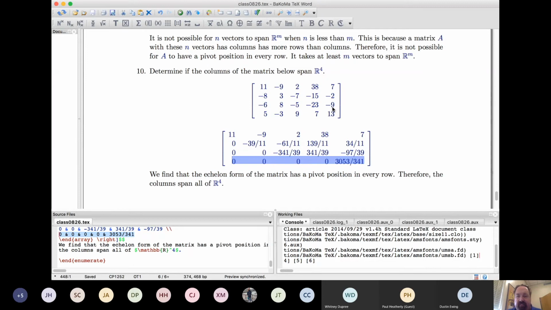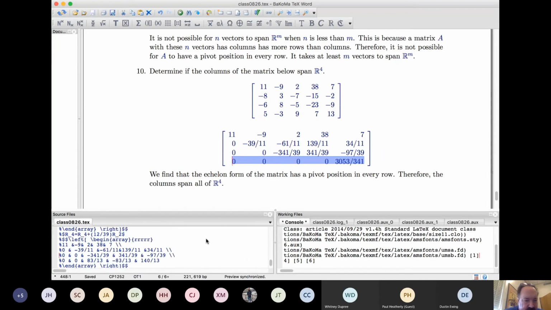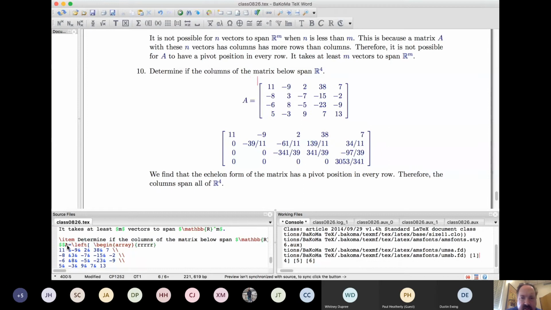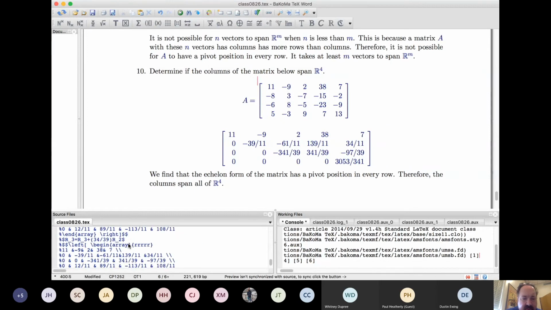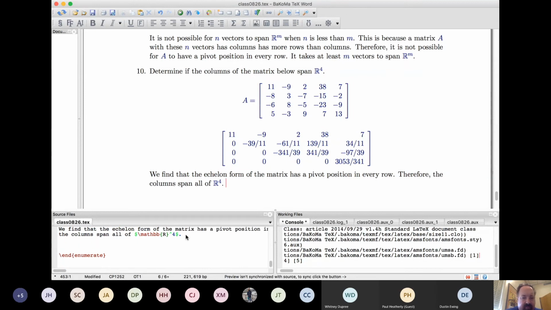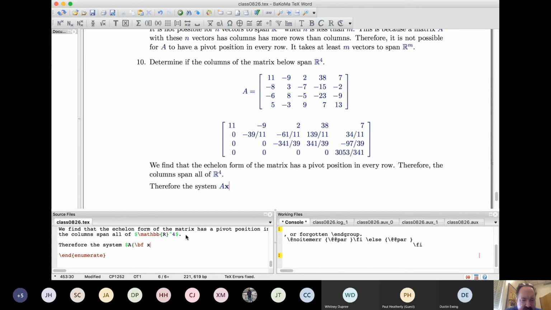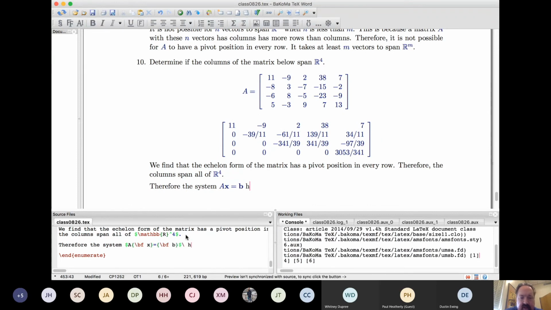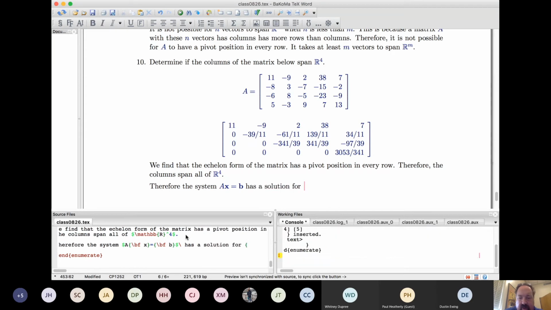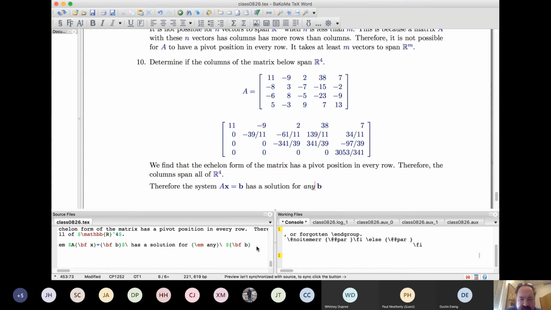So equivalently, if I had this matrix, I'm going to label this matrix as A. What we can say is that the system AX = B has a solution for any B in the space R4.